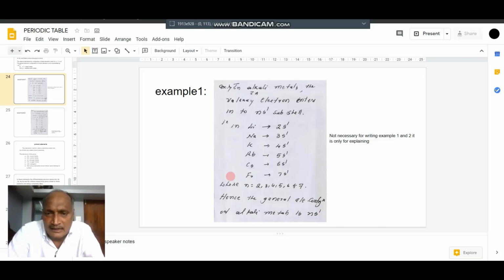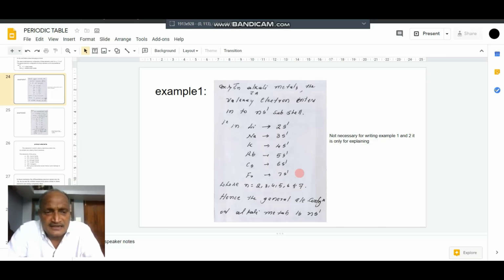In all the alkali metals, starting from lithium to francium, the valency electron is entering in the form of 2s1, 3s1, 4s1, 5s1, 6s1 and 7s1, where n equals 2, 3, 4, 5, 6 and 7.